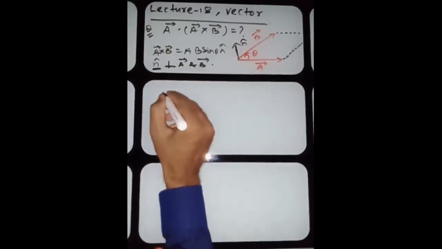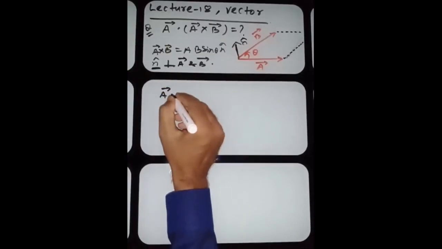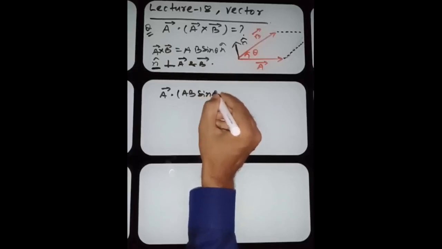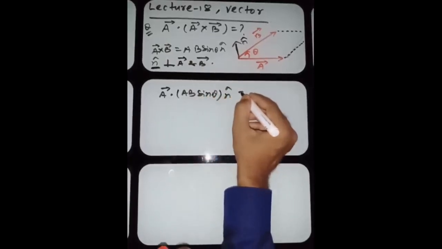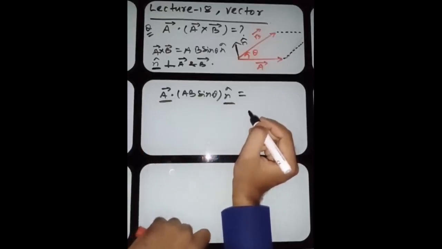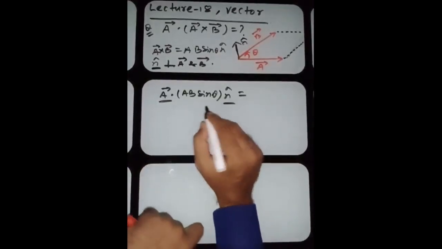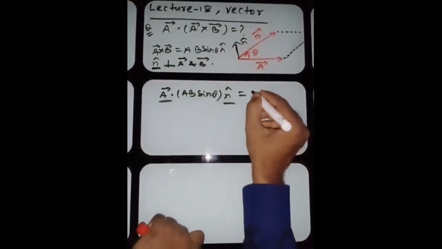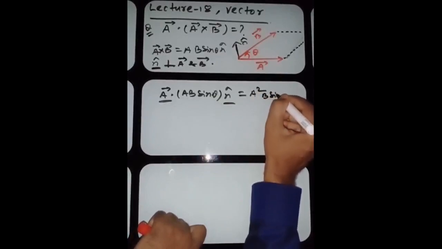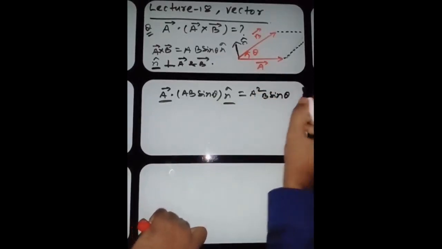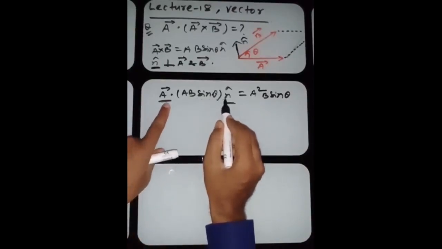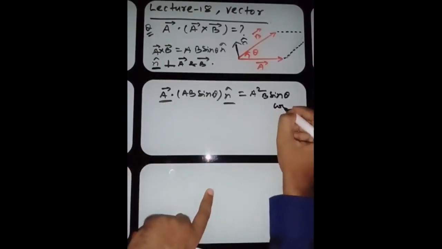Now, if you are doing A dot, what you have to multiply here, the AB sine theta with n cap. Now, if this A and n cap are perpendicular to each other, then what will happen? You will find a magnitude here, A square B sine theta, and the dot product of two vectors which are at right angle, so the cosine of 90.